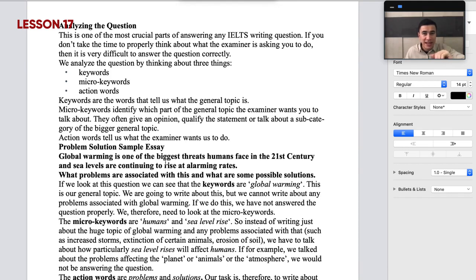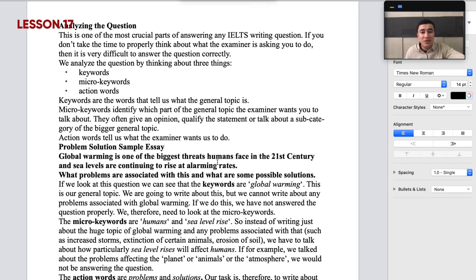So you probably understand it because the topic is about global warming. But global warming is very huge topic, and that's the reason why micro keywords specify its field of focus. So you should be focusing on humans and sea level rise.